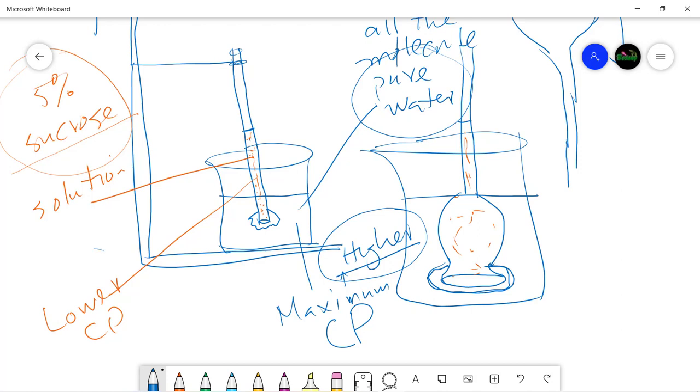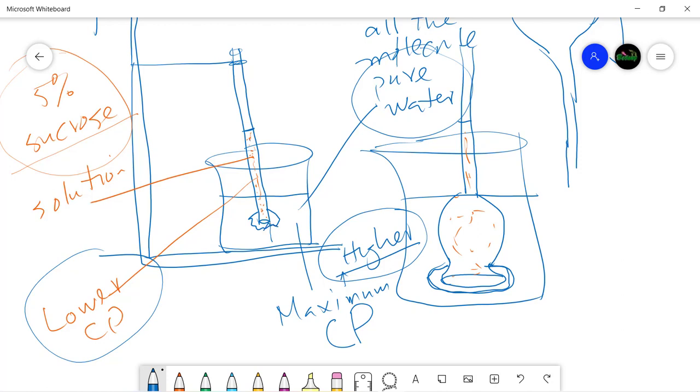So we have a lower chemical potential and less free energy as compared to the water in the beaker. So water will start diffusing across the membrane, so osmosis will take place.